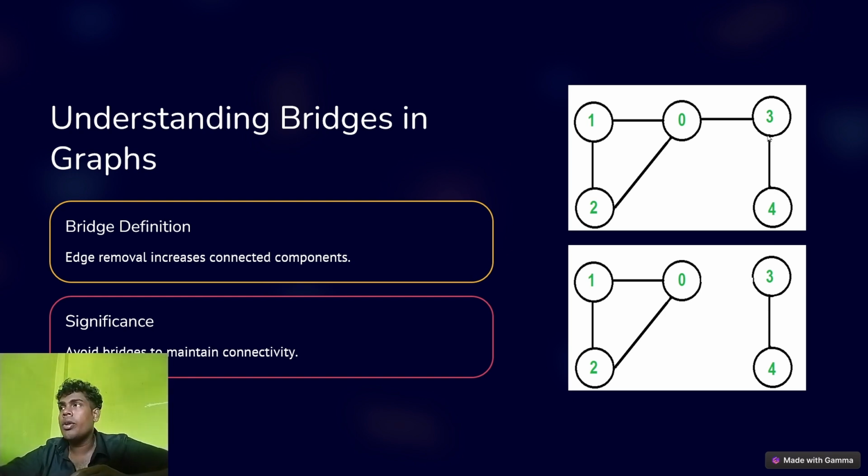We also can't remove the 3-4 edge, because if we remove it, it also disconnects the graph into 2 parts, since vertex 4 is going to be alone, separate from the whole graph. So there are 2 parts also when we remove the 3-4 edge. So both the 0-3 and 3-4 edges are bridges in this graph. Like this we can understand what a bridge is and what is not.